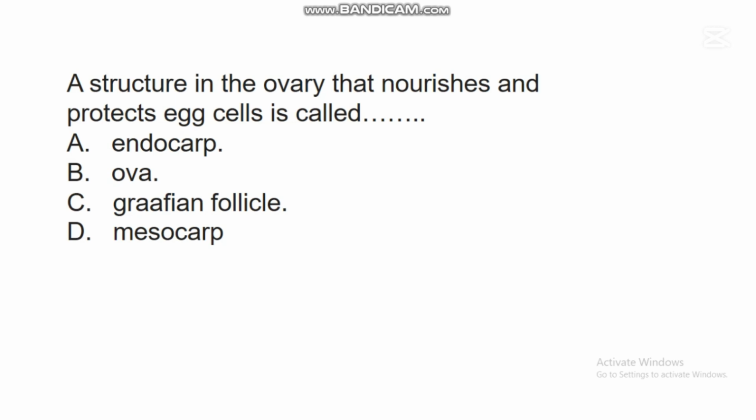In this question, the correct answer is C. Graafian follicle. Graafian follicle is a structure in the ovary that provides nourishment and protection to the egg cells in the ovary. So the egg cells are nourished and protected by this structure known as Graafian follicle.